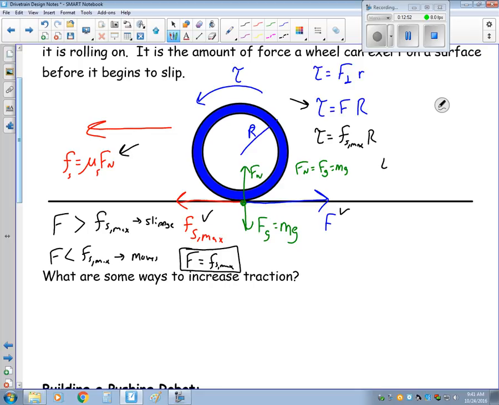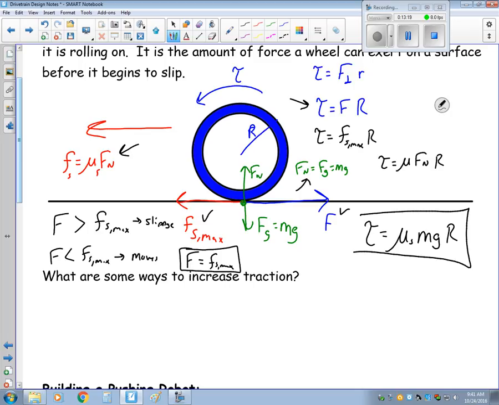So we have torque equals mu times normal force times the radius of the wheel. But remember that the normal force is equal to mg, so we're left with torque equals mu times mg times r. So basically what this formula calculates for us is the maximum torque we can apply to the wheel before the wheel loses traction.